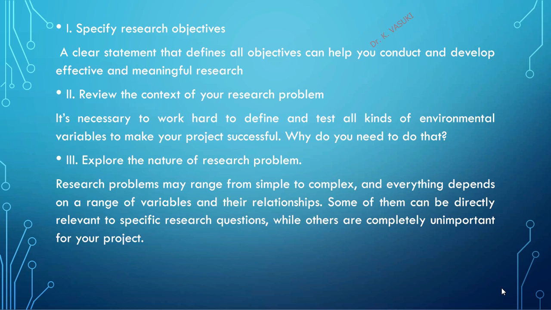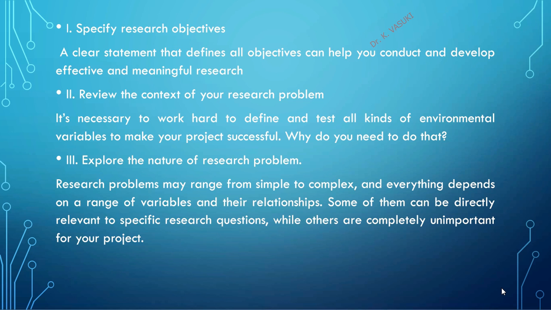For example, what is the impact of domestic violence on the emotional development of a child? We are trying to say that domestic violence has an impact on the development of a child. So here two variables and their relationship have to be studied. How does domestic violence affect the child's academic performance?